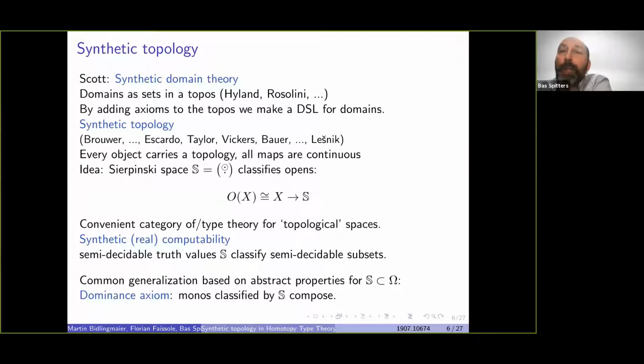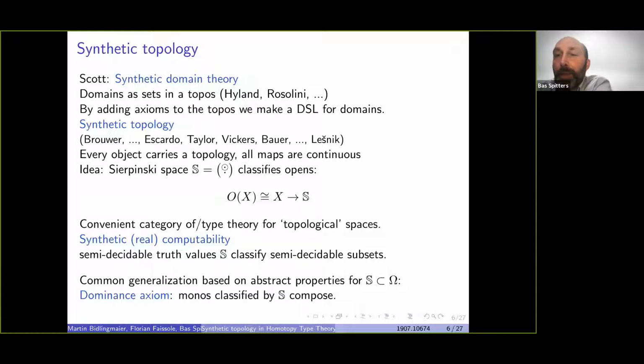So this idea has been developed for domain theory, for topology, for synthetic real computability, and this can again be captured by using a kind of Sierpinski space, a classifier for semi-decidable truth values. And this is a nice way to capture many constructions in computability and realizability.